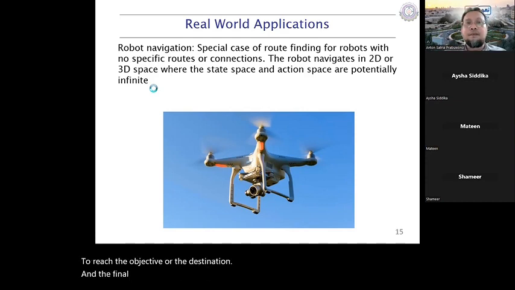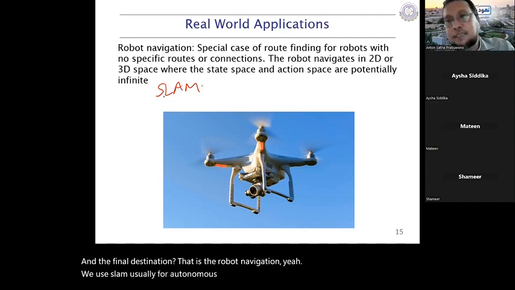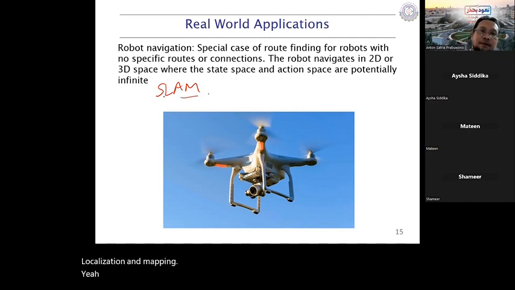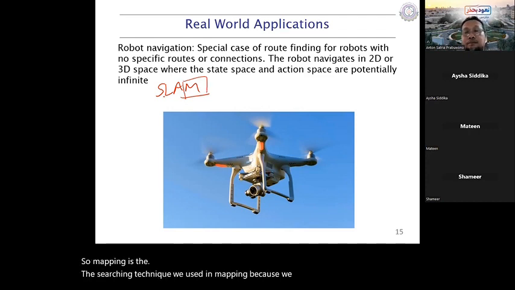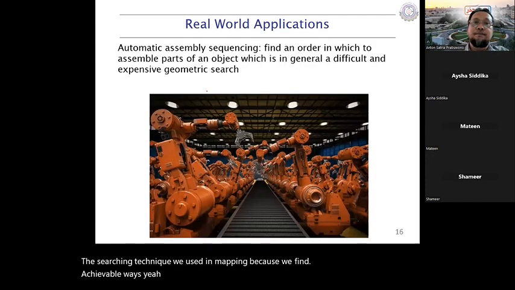That is robot navigation. We usually use SLAM for autonomous robots. Mapping is the searching technique we use, because we find the possible ways to reach the destination.